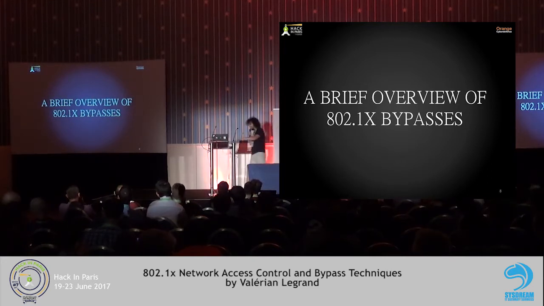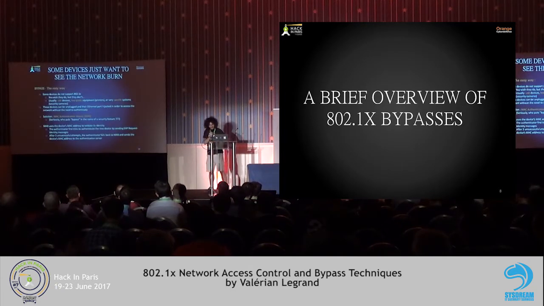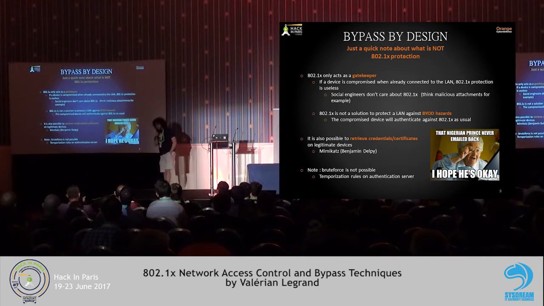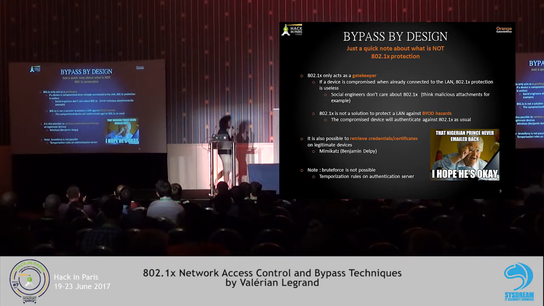So, a brief overview of .1x bypasses. First, let's just get things straight. 802.1x protection is not a magic wall that can protect you against everything, meaning that it's just a gatekeeper.